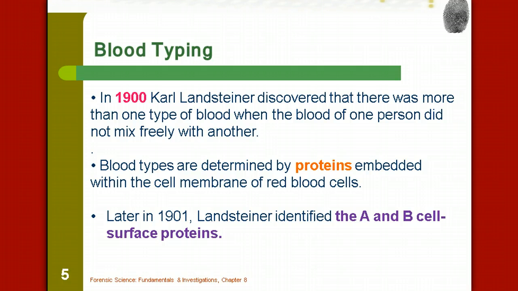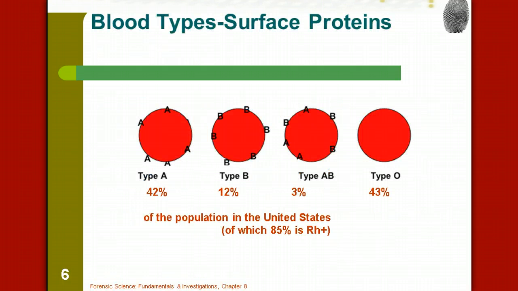Later, in 1901, Landsteiner identified what we call the A and B cell surface proteins. So somebody that has type A blood only has A-type markers. Somebody that has B blood only has B-type markers.